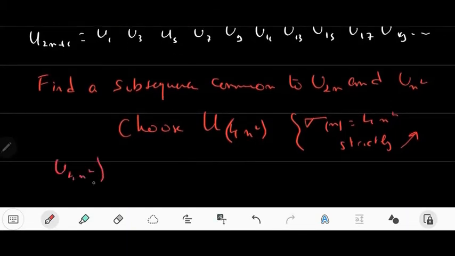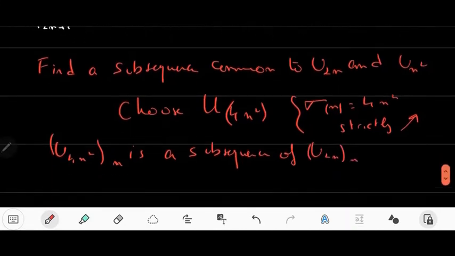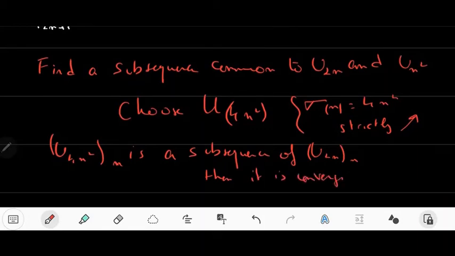So choosing this subsequence, u_{4n²} is a subsequence of u2n, then it is converging to L1.